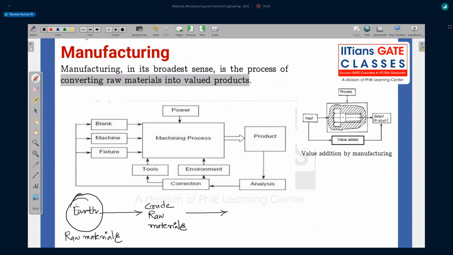So I can write here, mining, and this is metallurgical. After refining them, you get some kind of material which is processed, so I can say processed raw material.